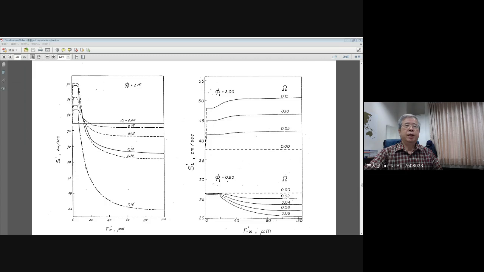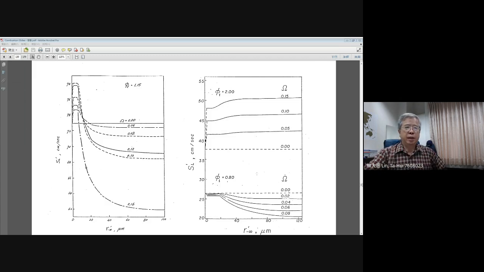Lean spray means we consider the liquid droplet and also the fuel vapor together, because some fuel will evaporate and become a certain amount of vapor, and we count the total fuel compared with the oxygen existing in this two-phase flow.